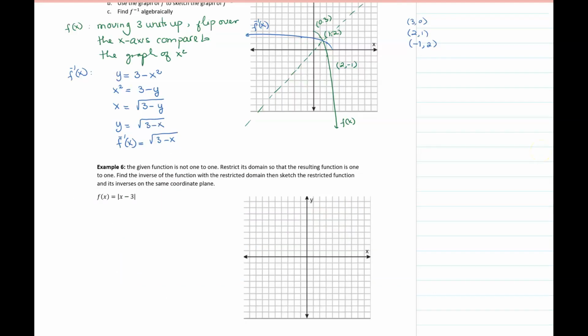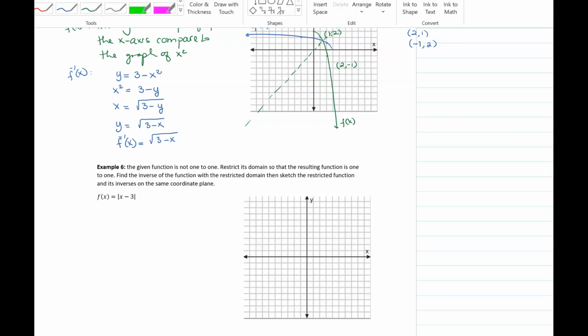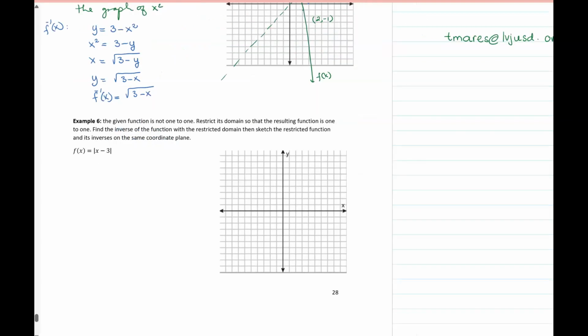Given the function that is not one-to-one, restrict the domain so that the resulting function is one-to-one. Find the inverse of the function with the restricted domain, then sketch the restricted function and its inverse on the same coordinate plane. Okay, so I know the graph of the absolute value of x is going to look like this, a V shape.